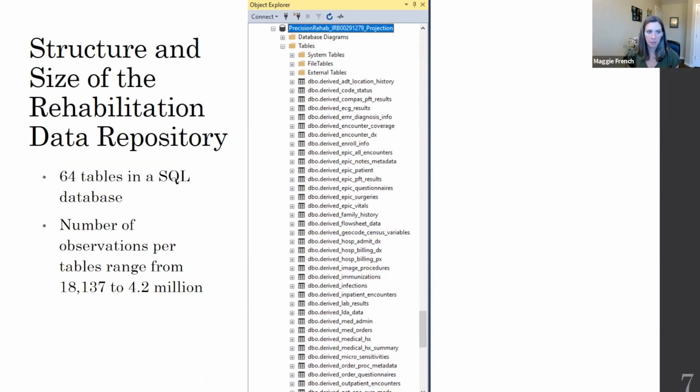So in this example that we're talking about with our data repository, we have 64 different tables that contain data that have a relationship to one another. In our particular repository, the number of observations in each of these tables range anywhere from over 18,000 to over 4 million observations.